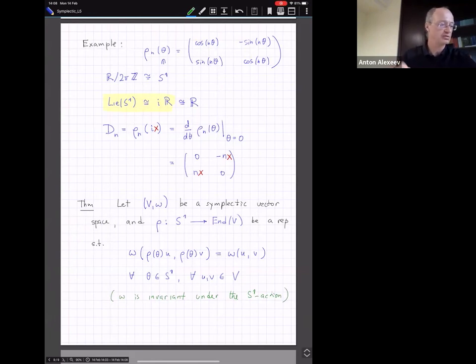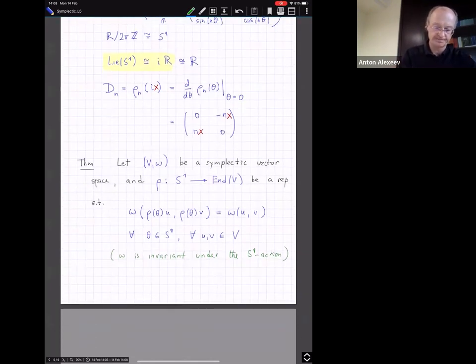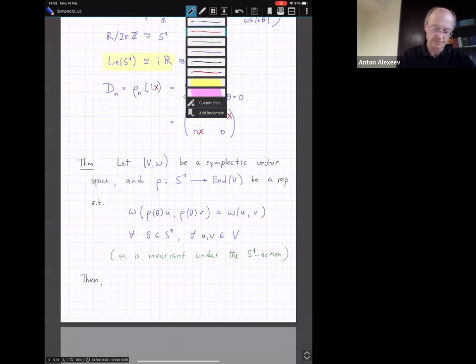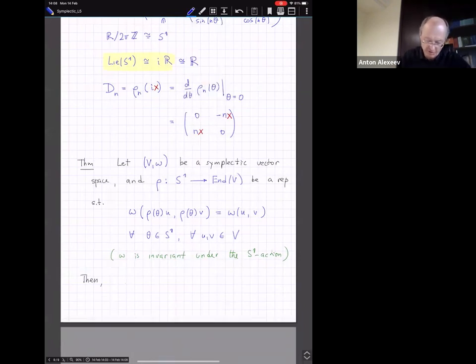All right, so then what? Now, V viewed as a symplectic vector space with an S1 action is isomorphic, and the right-hand side you could also already guess, right?